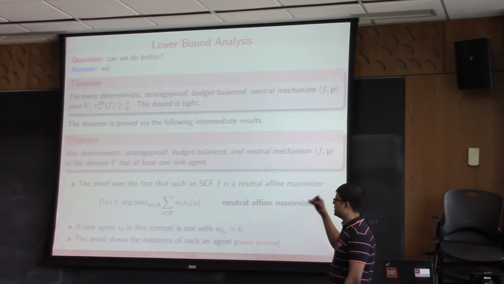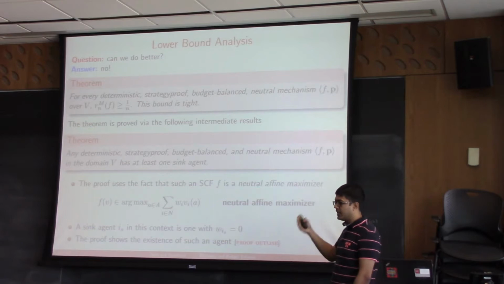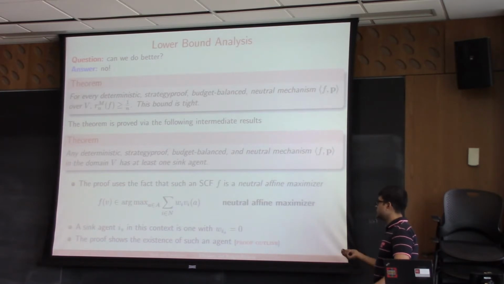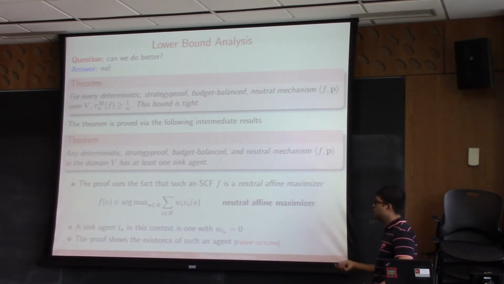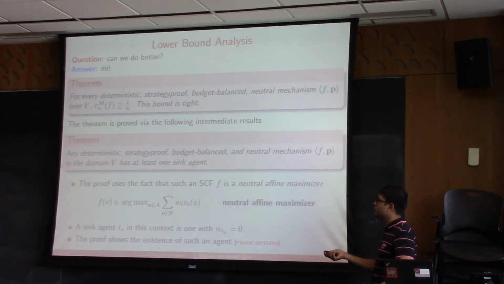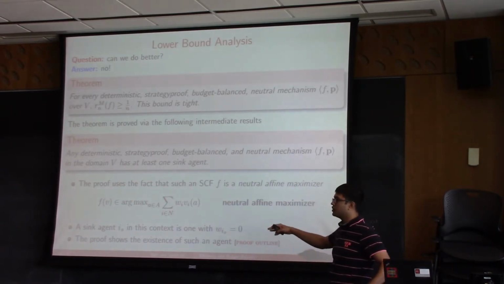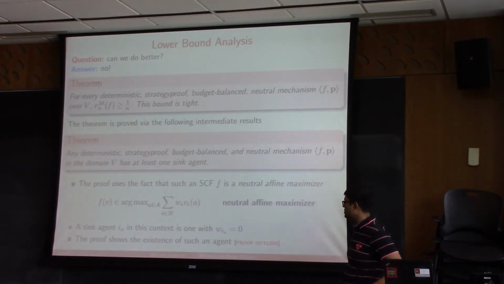So all these dictatorial and the efficient outcomes fall in this huge class of affine maximizers. And in this class, the interpretation of a sink node is the node who has weight 0, because if you have an agent whose weight is 0, his valuation is never going to be used in the social choice outcome, and you can show that the payment that he gets is essentially a function of other agents' valuations.